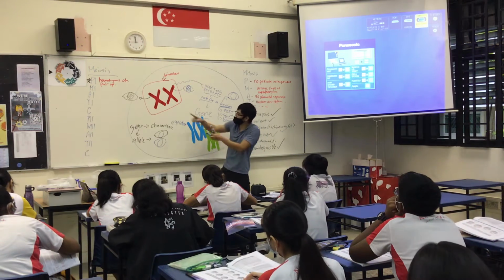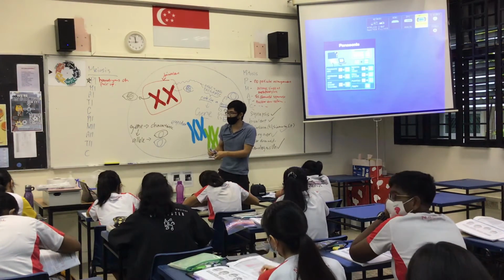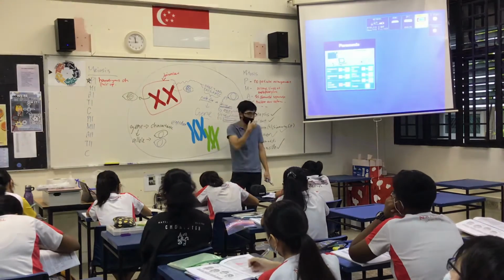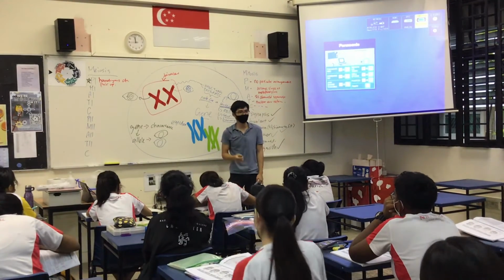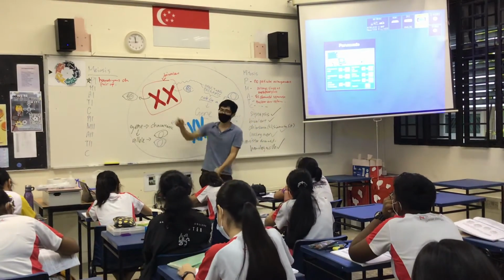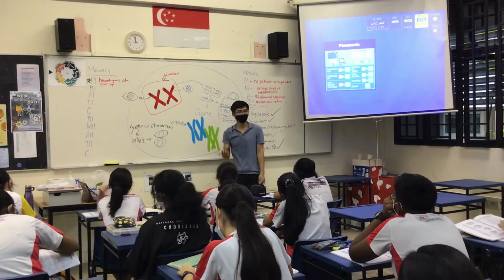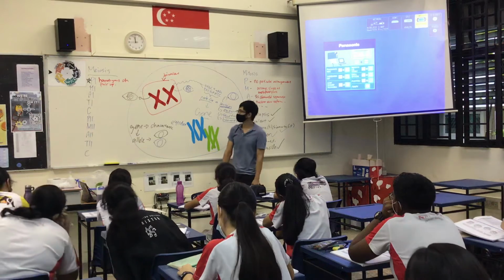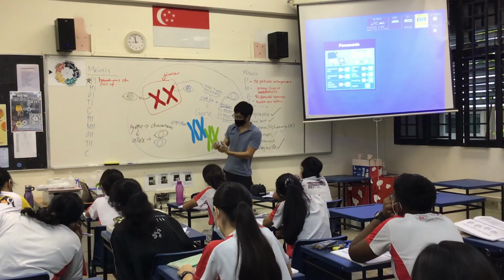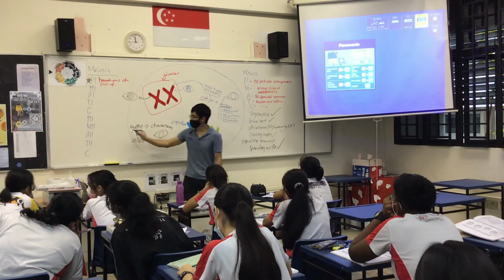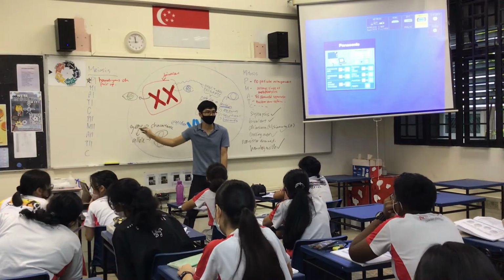I can have another gene over here, B, representing hair color. But I can have different forms of the same gene. Big B could represent black hair color. Small b could represent brown hair color. We often use a single alphabet to represent a single gene.